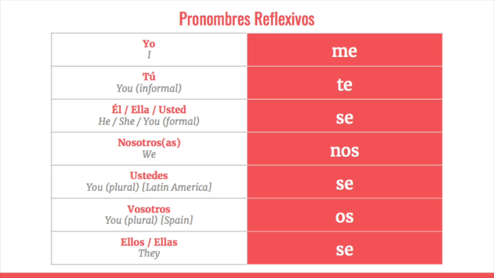Notice here that ustedes is the you plural that we use in Latin America, and vosotros is the you plural that they use in Spain. Also notice that se can refer to él, ella, usted, ustedes, ellos, and ellas. So only the context will tell us who we're talking about.